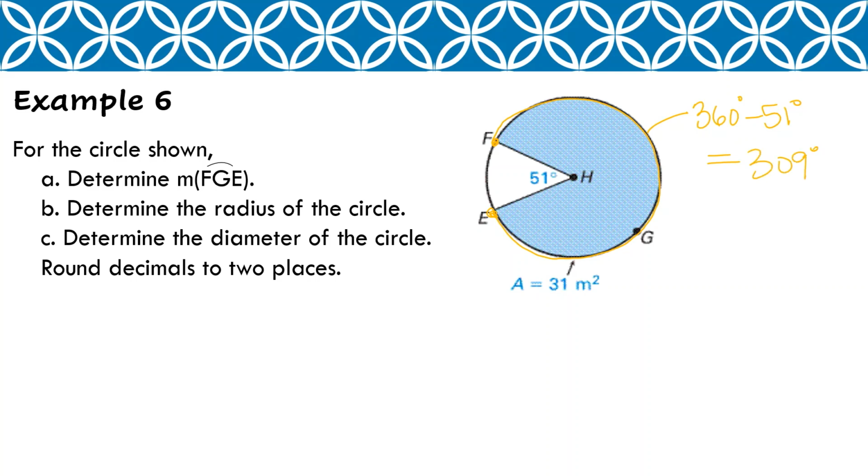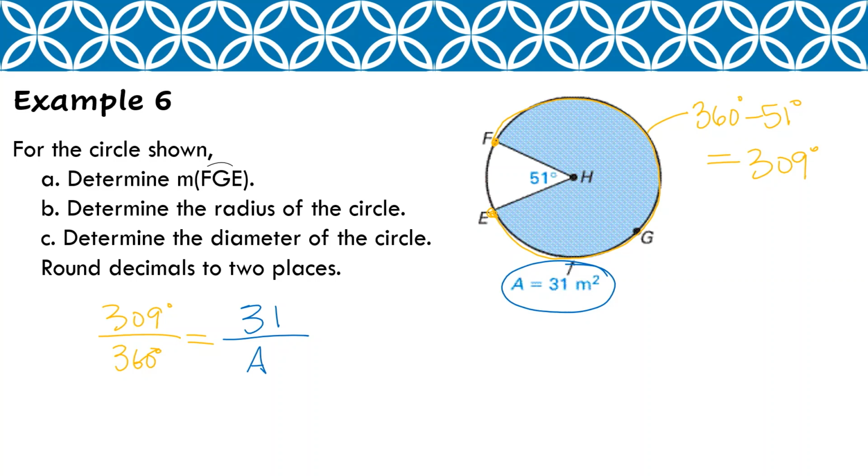Arc measure is in degrees. Now we can use that to determine the radius of the circle. I know the fractional part of my circle is 309 out of 360. I know that the area of the shaded sector is 31 out of the entire area of the circle.